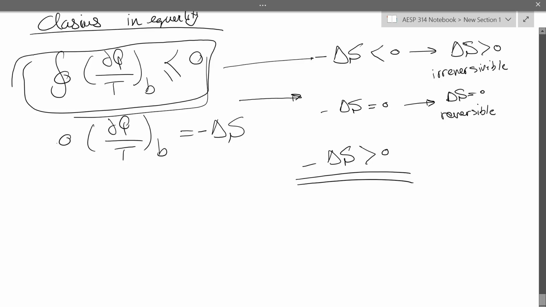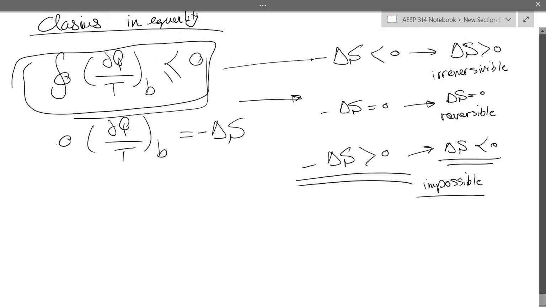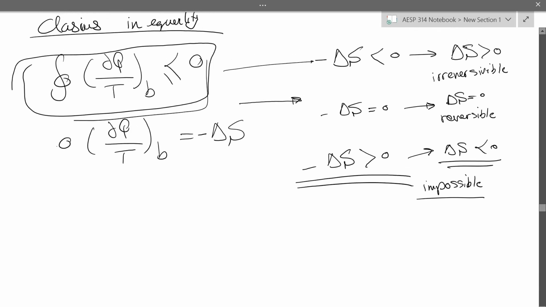Entropy at the second state is going to be smaller, or delta S is smaller than 0. This is impossible based on the second law. So reversible, irreversible, and impossible.